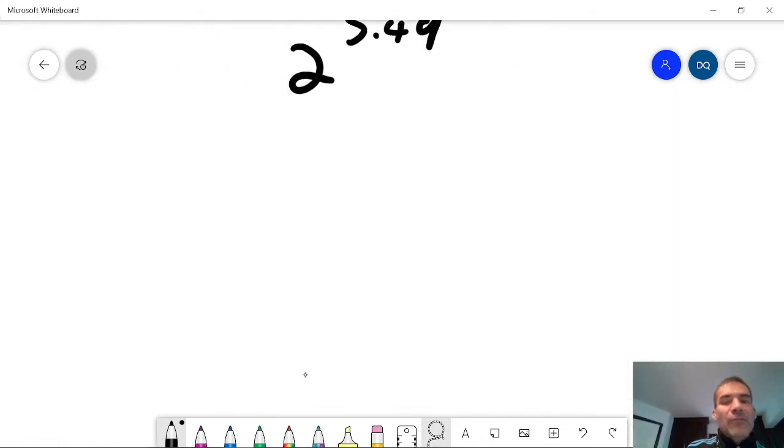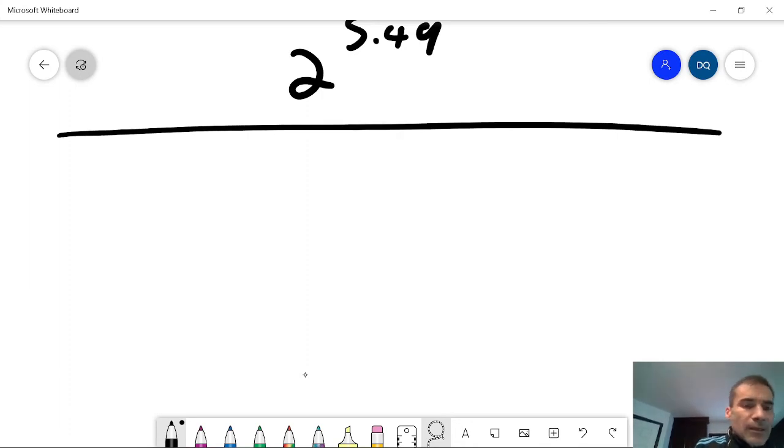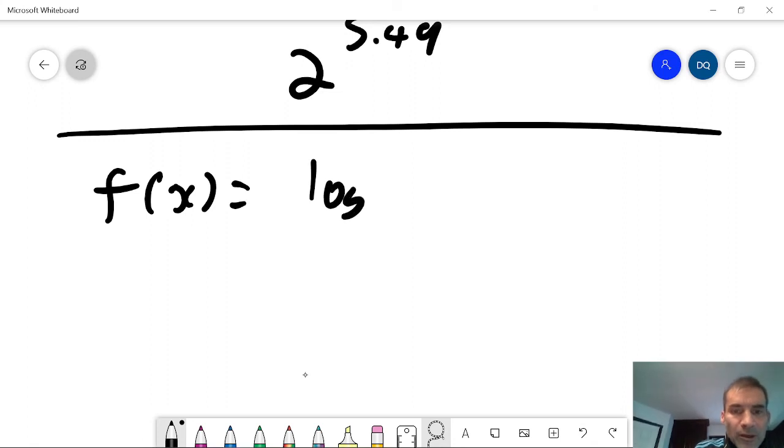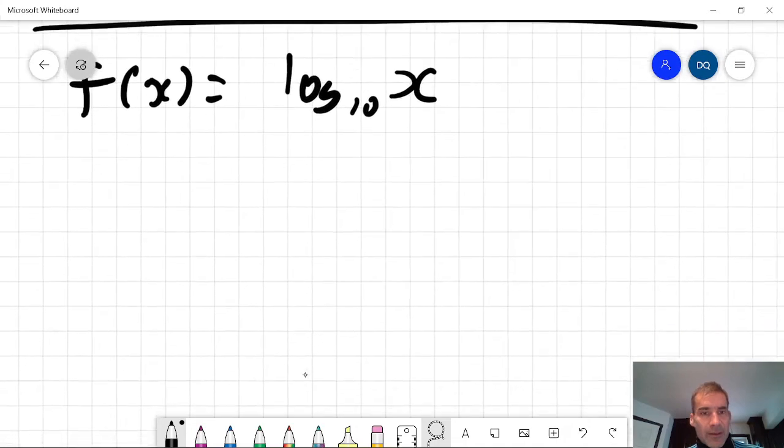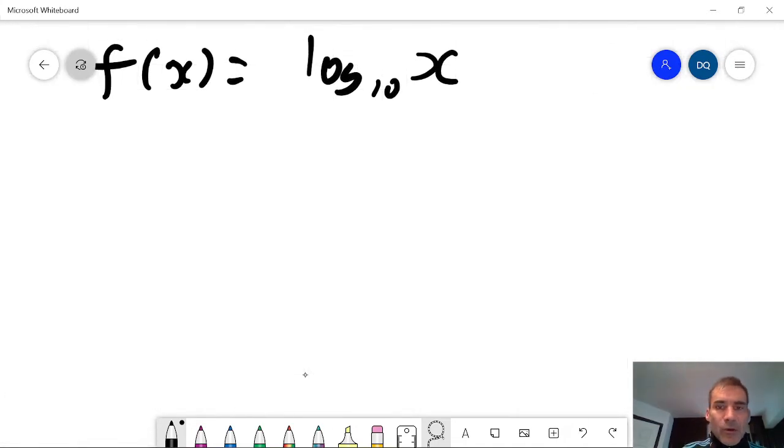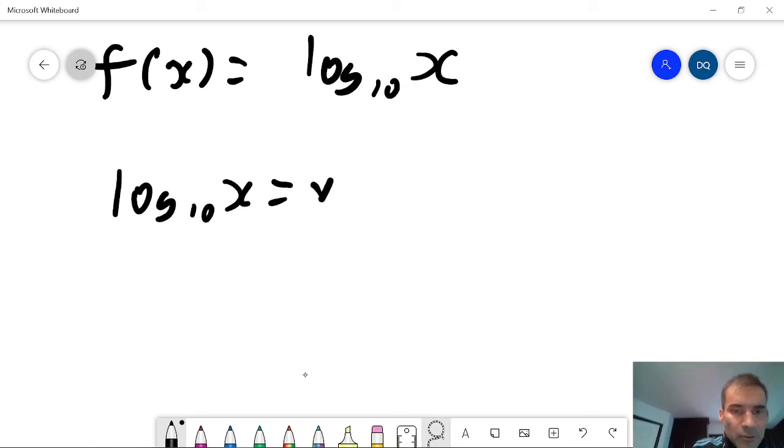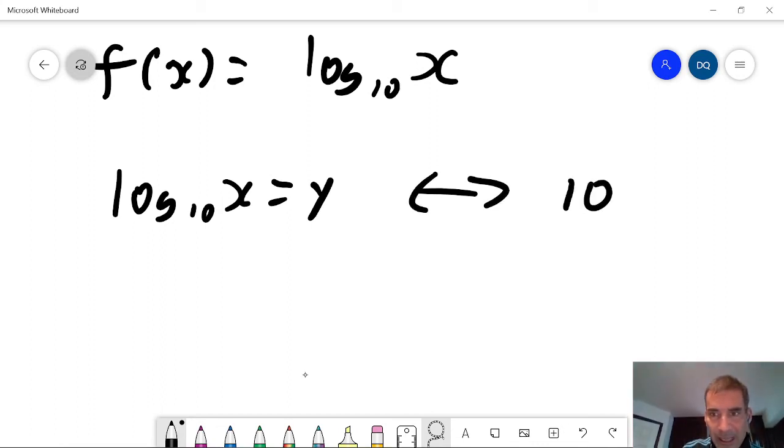Okay, what does the graph of a log look like? Let's say I was to make our function f of x equal to the log base 10 of x. Notice this is the inverse function of 10 to the x. Remember, saying that I have the base 10 log of x is equal to y is equivalent to saying that 10 to the y is equal to x.